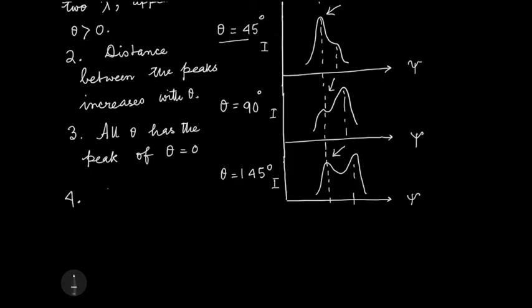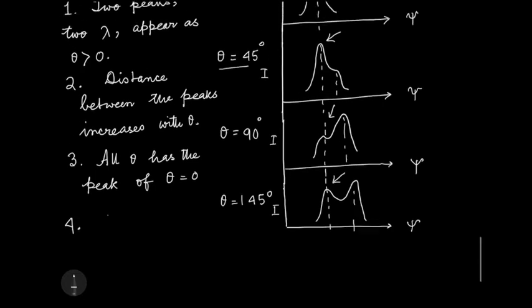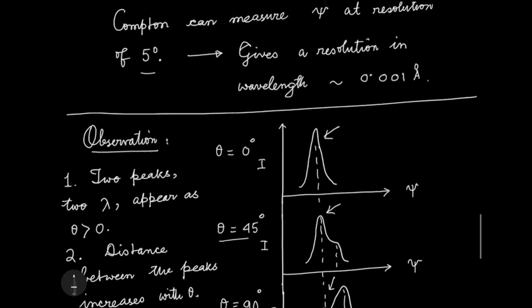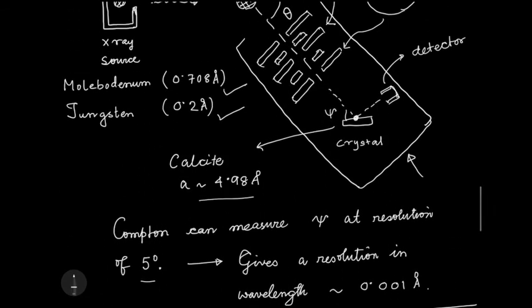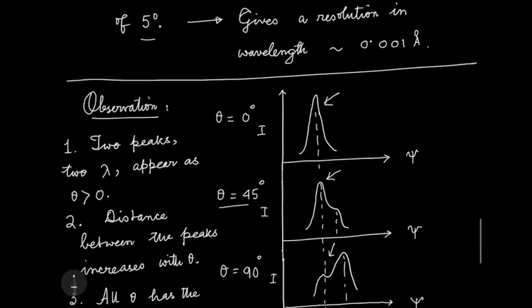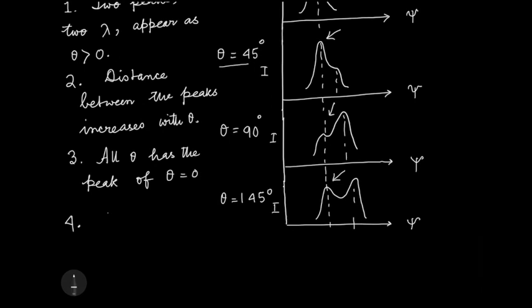And what else do you see? So the other observation is, now he did this with two targets, right? One is molybdenum, one is tungsten. If I call this distance between the peaks delta lambda, I'm not labeling the axis psi here because they will give two different psi max from which I will calculate two different lambdas.